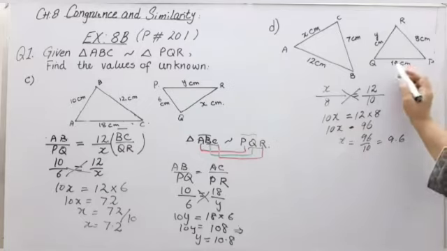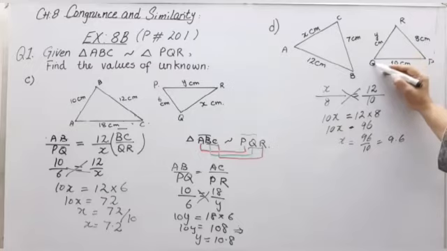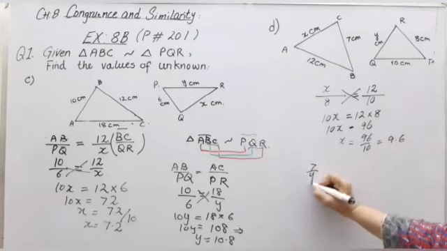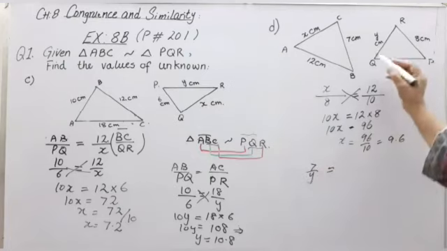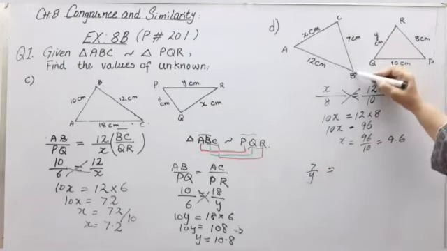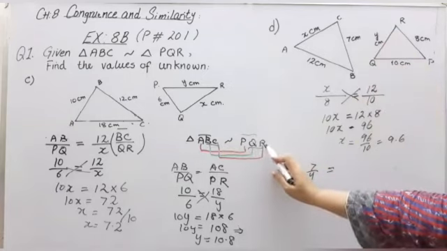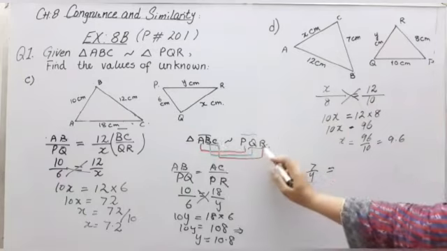And in the same way, now for Y. The second is 7 by Y. How 7 by Y? BC corresponds to QR.